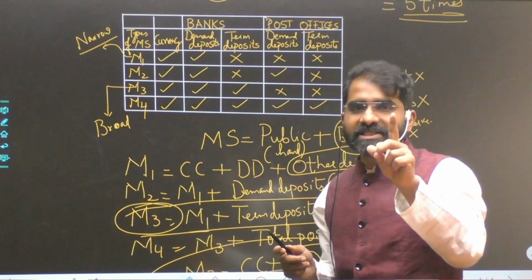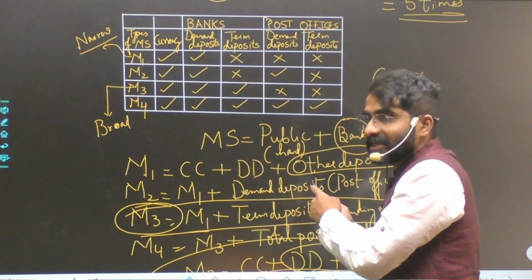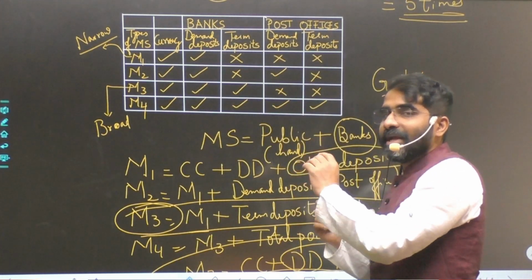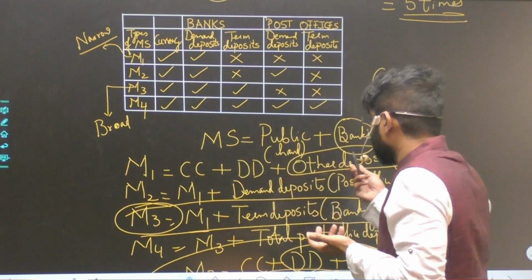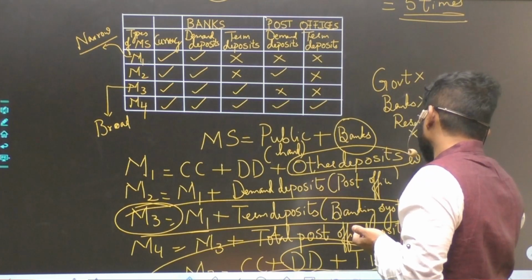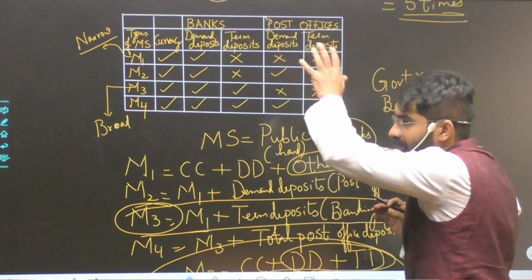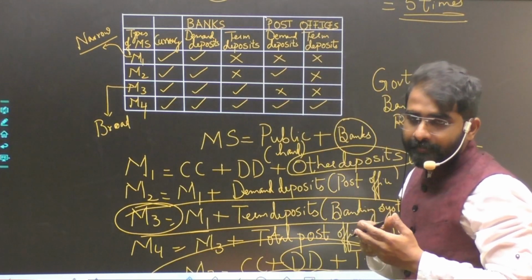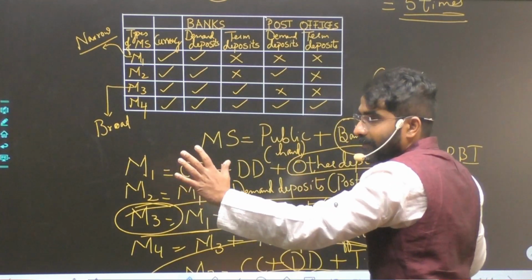Bank's deposits will not be counted in the money supply. It can be some deposits like other deposits with RBI, for example the RBI governor's accounts held in the RBI. These are also liquid, and that is the reason they are part of M1.